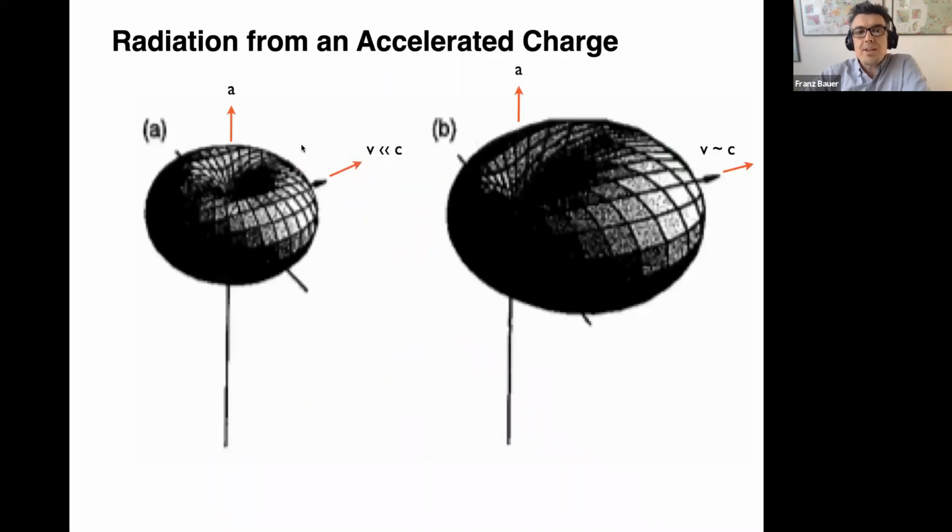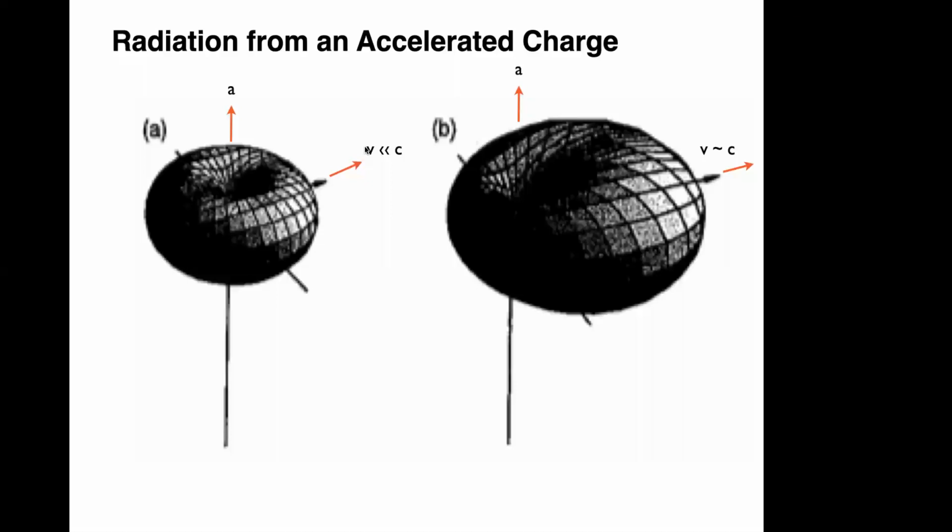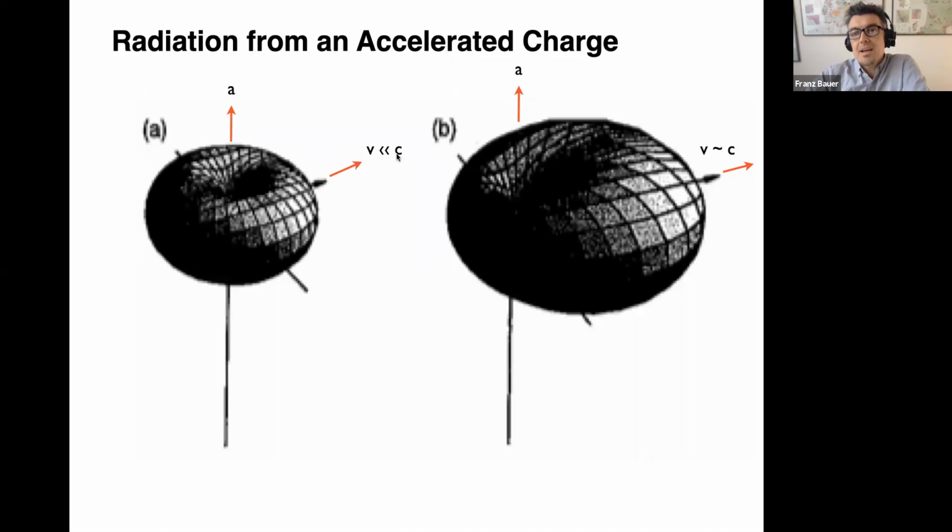This was the plot that I showed you when V is very, very much less than C. What happens when V becomes very, very close to C is that you get an asymmetry induced in this radiation field.